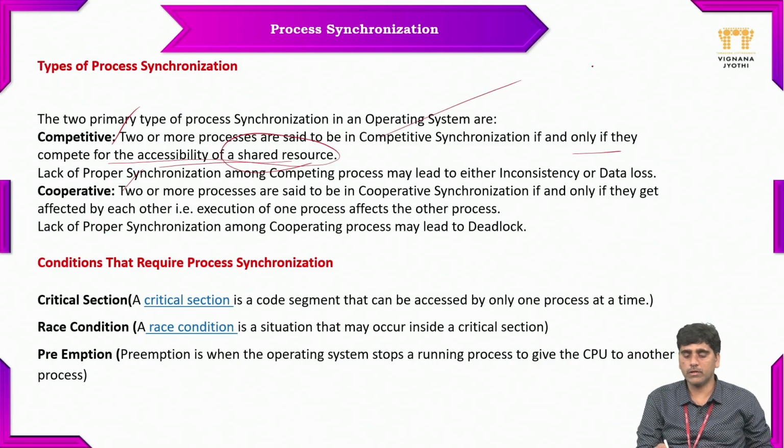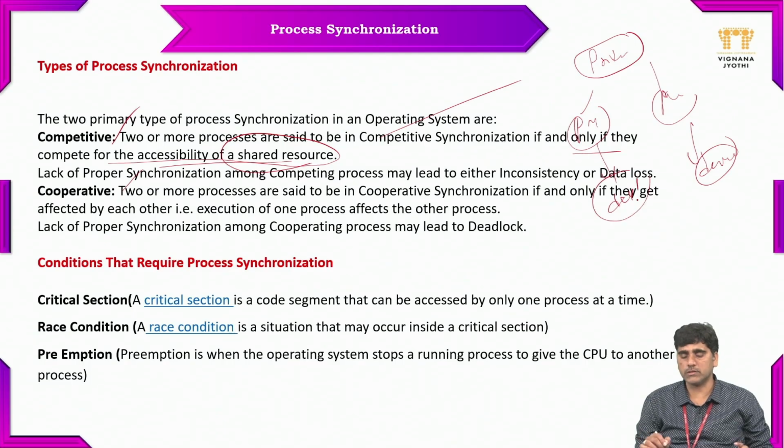Suppose we take an example: the printer gives the printing option for process 1, that is device 1, and process 2, that is device 2. These two processes or devices compete to access the shared resource.